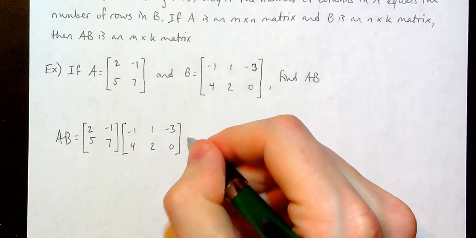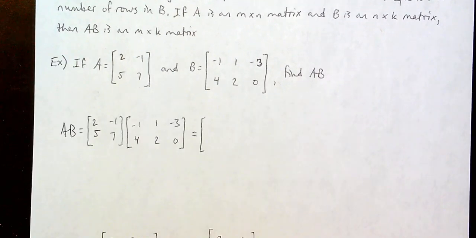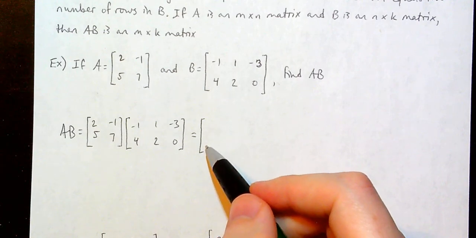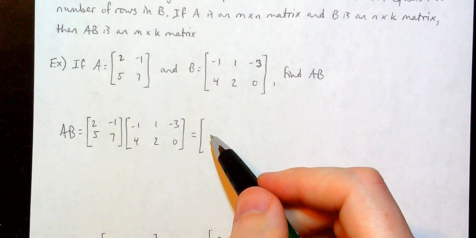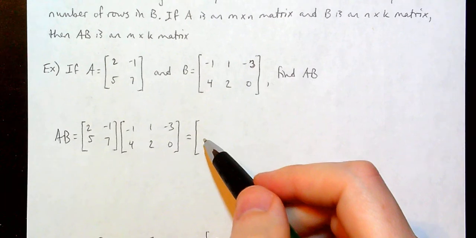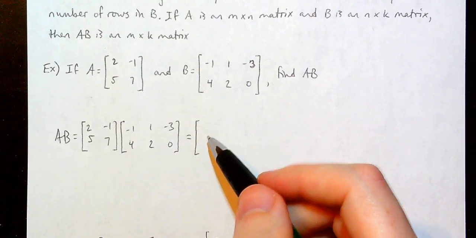Now, how do we come up with the entries in our product matrix? This is where things can get somewhat complicated here. Starting off with the entry in the first row and first column of this matrix. Before we even get to that, what's the order of this matrix that we're going to have? What size is this product matrix going to be?